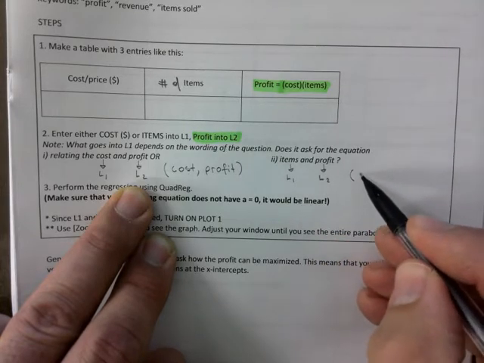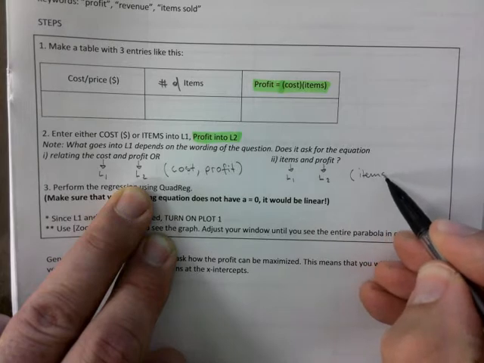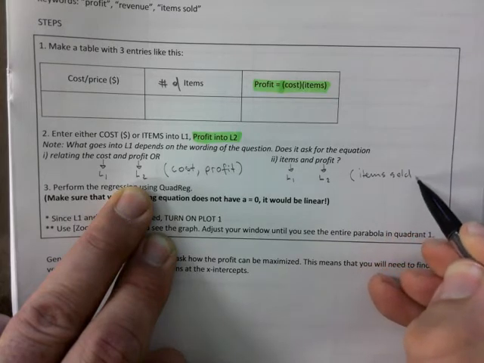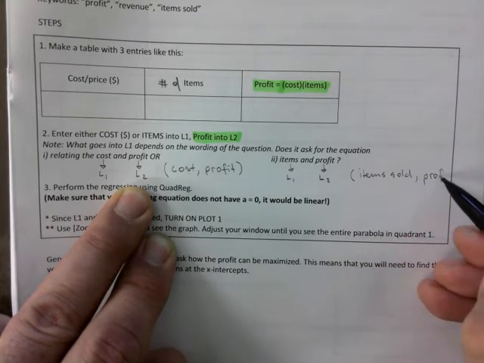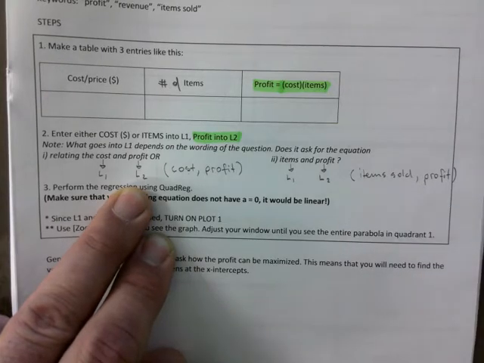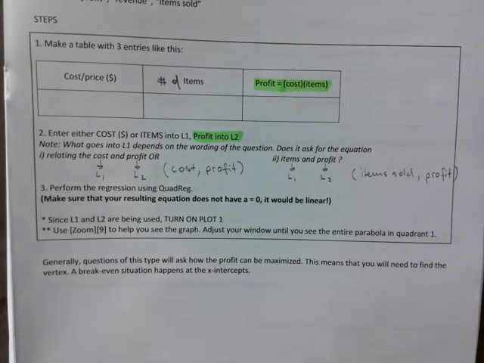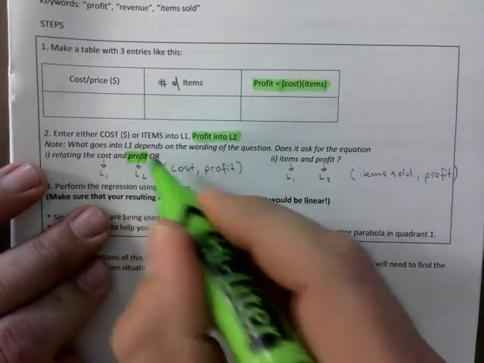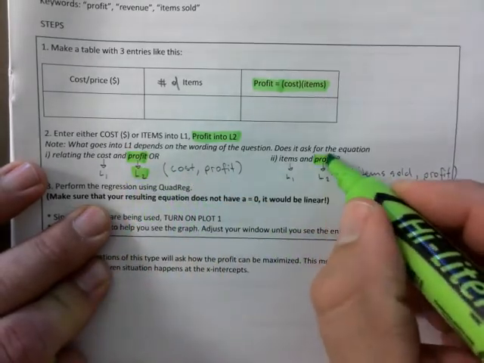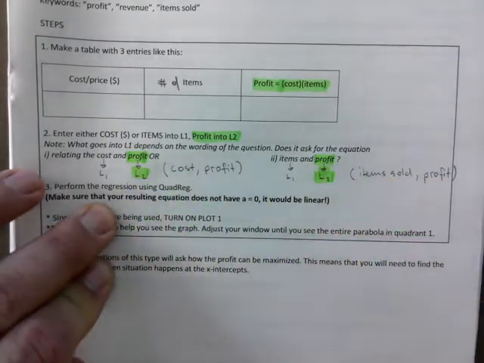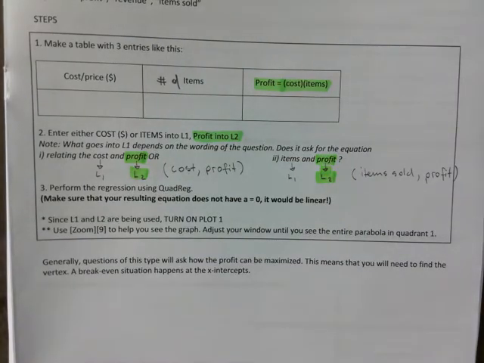And then you would have items sold, profit, right? That's what you would be relating here. We'll make profit L2 every single time, but L1 will be dependent on how the question is worded.